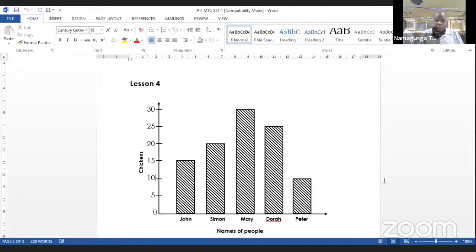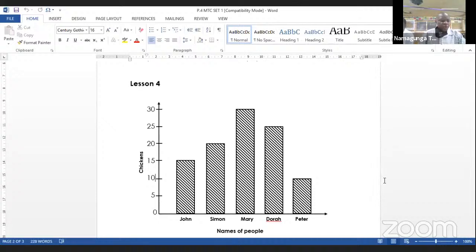I was saying that each bar must correspond to the number given in the table. So when you move to the activity, number 1, where we say a bar graph, we are asked to draw a bar graph to show the number of chickens the following children have.